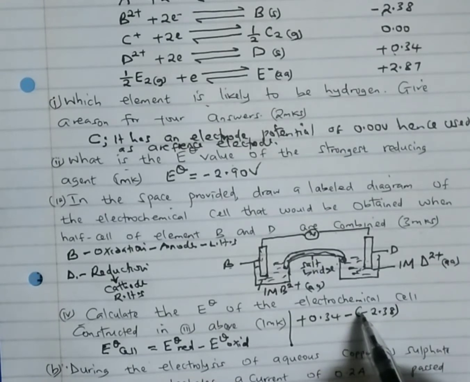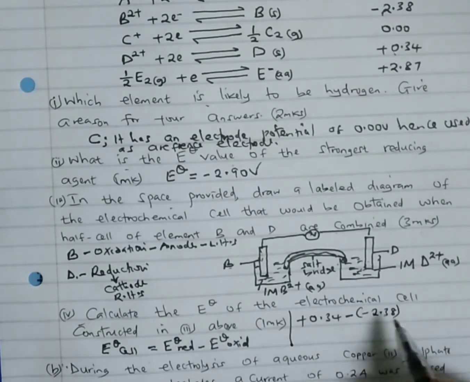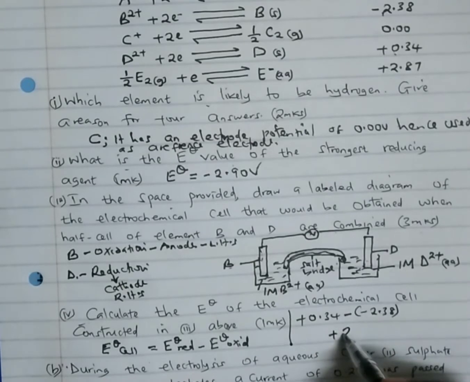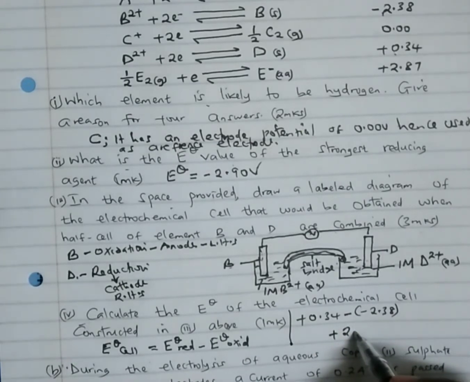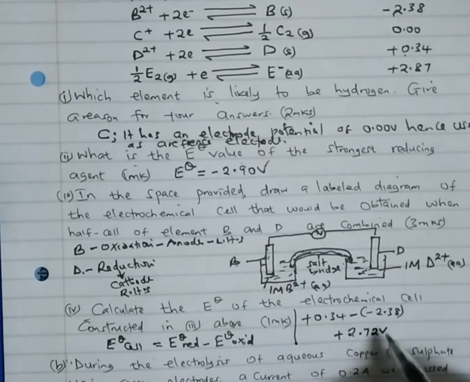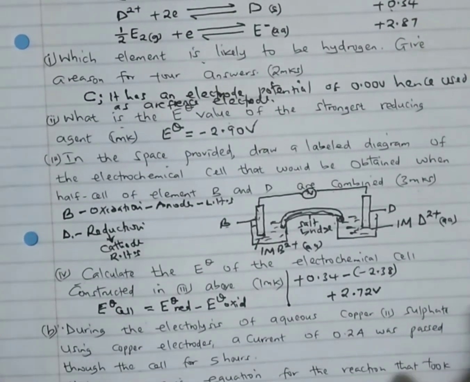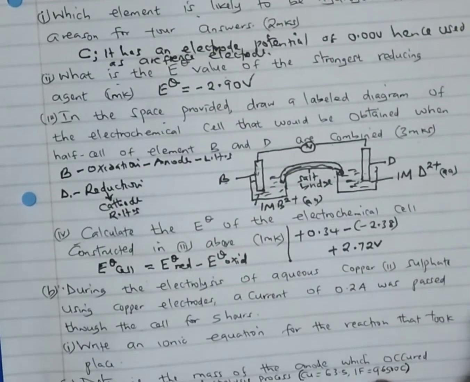Remember, a minus and a minus will give you a positive, and therefore this is like 0.34 plus 2.38 giving us positive 2.72 volts.